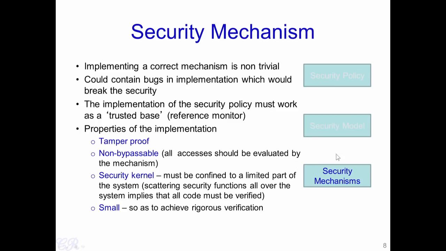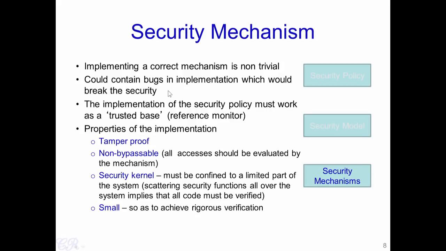The last aspect is the security mechanism. Security mechanism, as we have seen, deals with implementing the security policy. It is important that the implementation of the security mechanism is bug free. Why is it extremely important that there are no bugs?